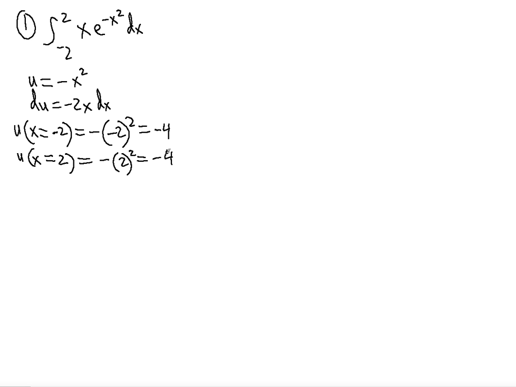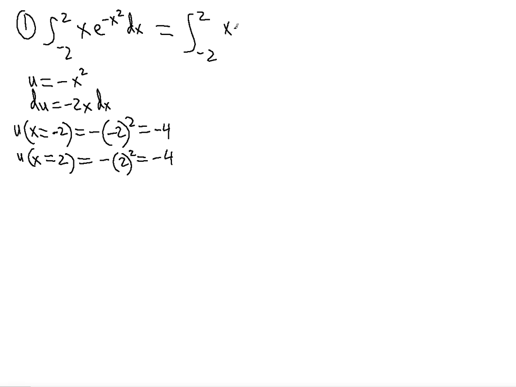Okay, so notice that in this case you will probably get a 0 for your integral, right? Because your limits for the u are the same. But let's see if that is indeed true. So let's write the integral in terms of u.